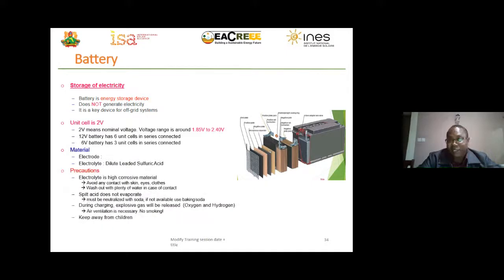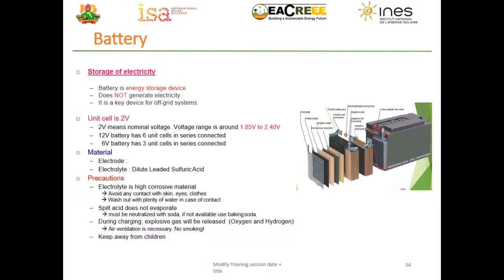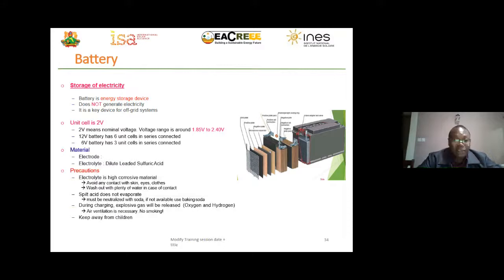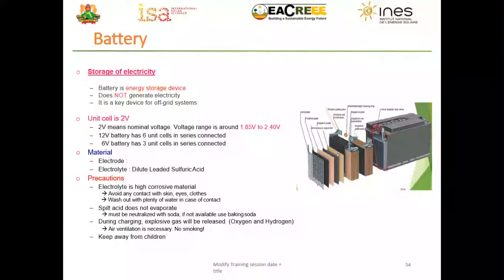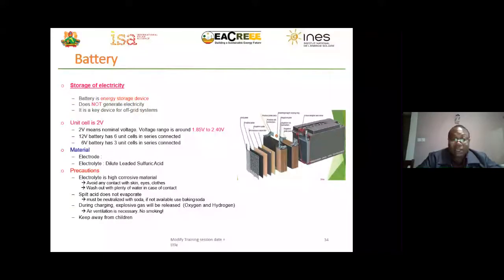As I mentioned, despite being an important component in storing, it's also a delicate and hazardous type of component to our human health. So the electrolyte in these kinds of batteries, in most cases, is corrosive. So it's important always to avoid contact with these fluids.